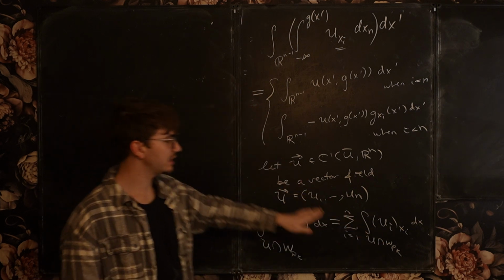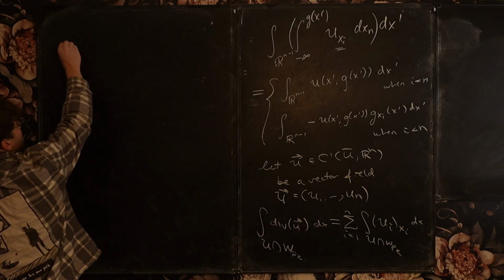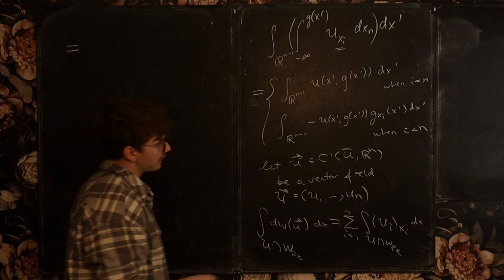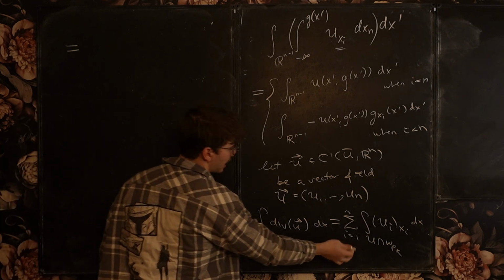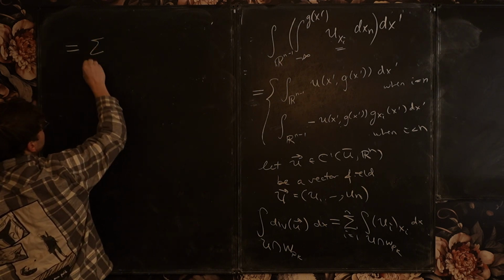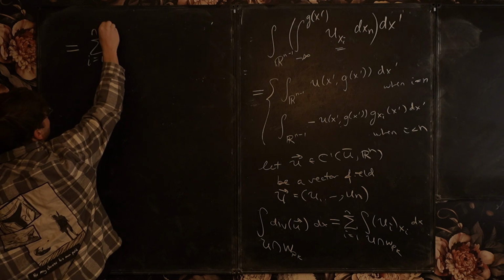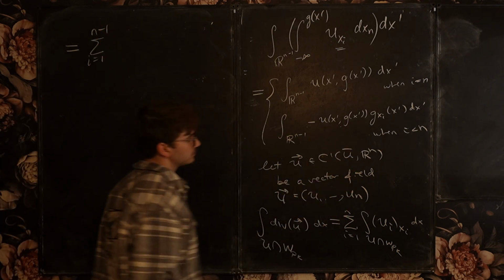So we basically have the explicit formula for these integrals. If I look at this summation, let's consider the summation from i equals 1 to n minus 1. We have this result.